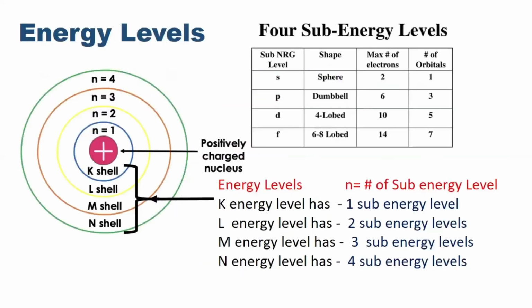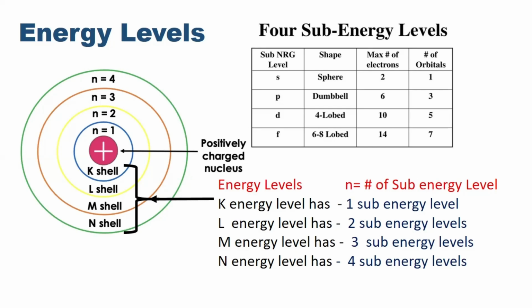So according to that, there are energy levels as well as sub-energy levels present. Atoms have different energy levels. The first energy level, also called the K energy level, has one sub-energy level.